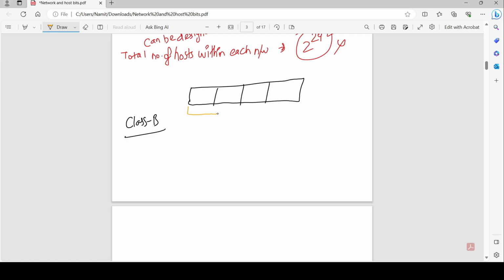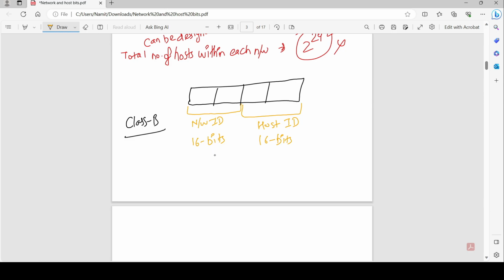Over here your network ID is the first 2 octets, due to whatever reason they came up with this idea, and host ID is also the last 2 octets. If you notice, network ID is 16 bits and host ID is also 16 bits. Simple.